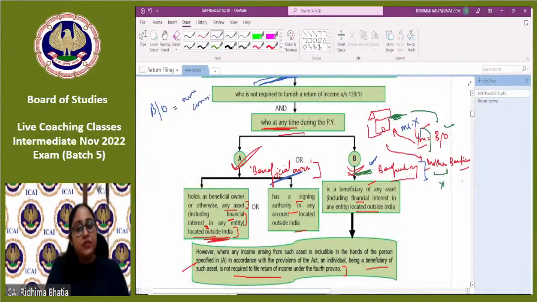So that means if Mr. X files the return of income showing this rental income, then mother is not required to file the return of income. But if mother files the return of income showing the rental income, still Mr. X has to file the return of income. Why? Because he is the beneficial owner and there is no relaxation vice versa. Okay? There is no relaxation vice versa. So please remember this. Ab clear hua? And read it ek baar.